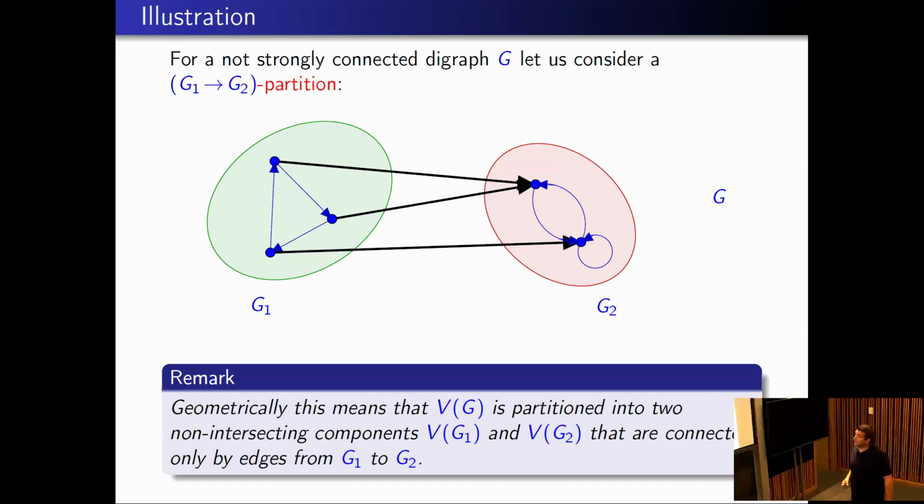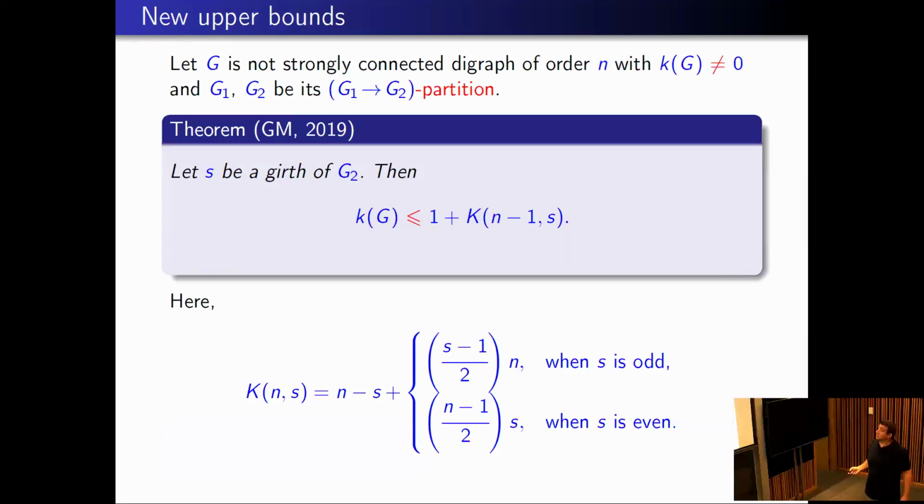If the scrambling index is non-zero, this is always possible, and actually backwards. And using this partition, we were able to estimate the scrambling index for non-primitive graphs as well.